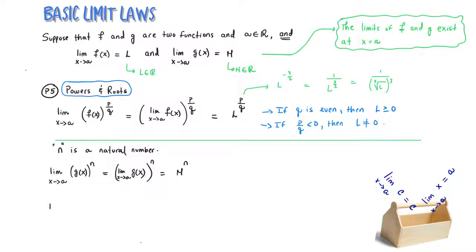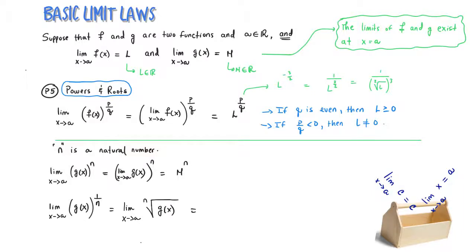And what happens if we consider the limit as x approaches a of g of x to the 1 over n? In fact, it kind of seems silly to tackle this case since we already did it for a more general rational exponent, p over q, but I'm going to go ahead and do just 1 over n as well, because of radicals. This is the same thing as having the nth root of g of x.